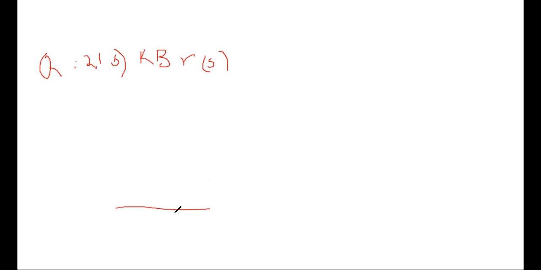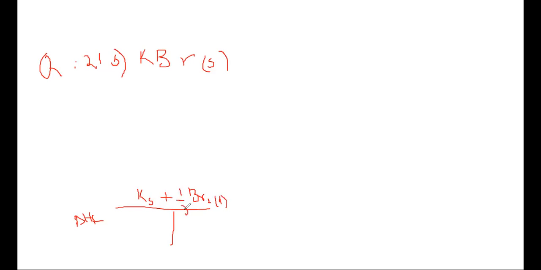First, we are writing the heat of formation for KBr from its normal physical state. Potassium is a solid in its normal physical state and bromine is a liquid in its normal physical state.